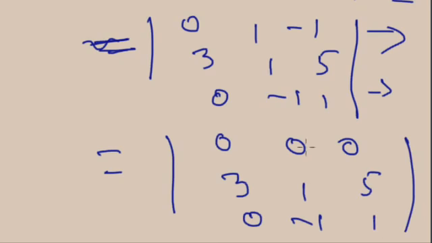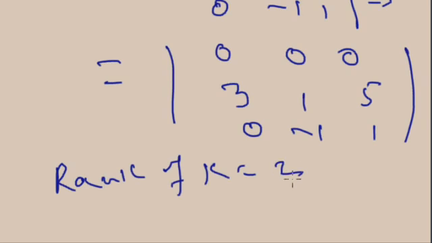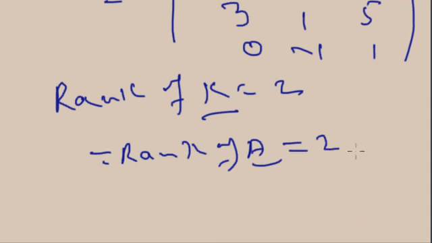So the first row becomes 0. Now the rank will be, if I take this, 3 into minus 1 minus 3 minus 0, so minus 3. So definitely the rank of K is 2, which is equal to the rank of A. So the rank of A and K are the same and equal to 2, which is less than 3, the number of variables.